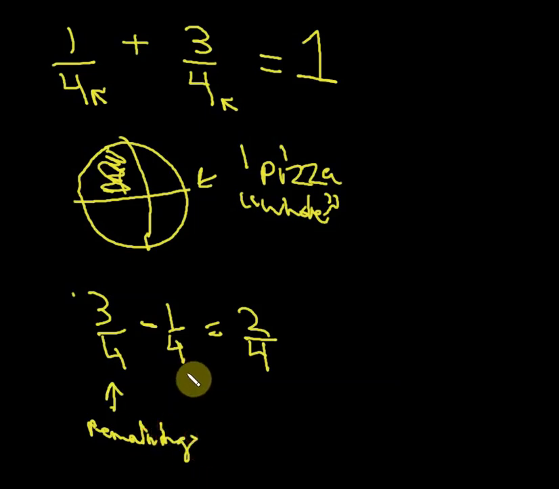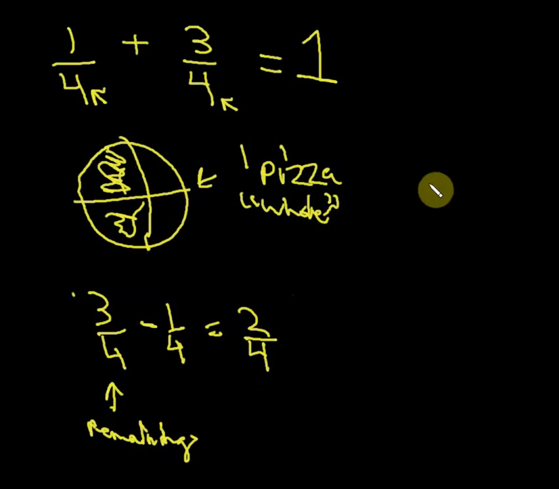Now, from the remaining, if I take another one of these equally divided pieces, how much of the remaining will I have left? You'll have 2/4 left, right? So you'll have 2 slices out of 4 slices left.